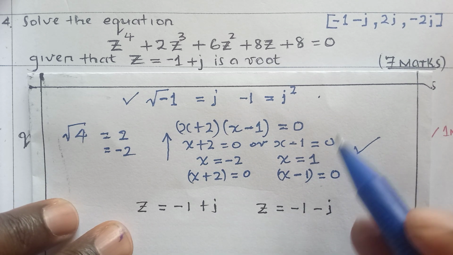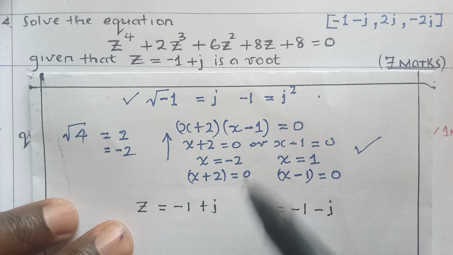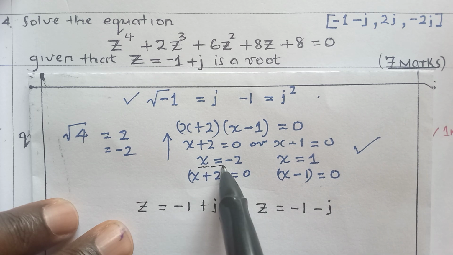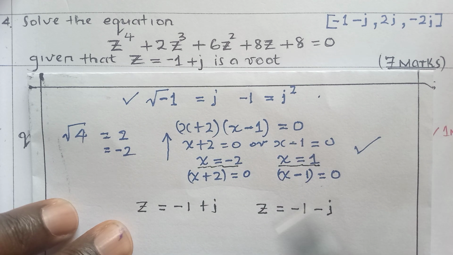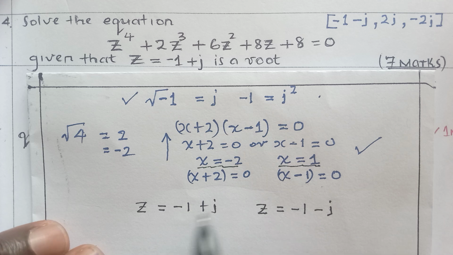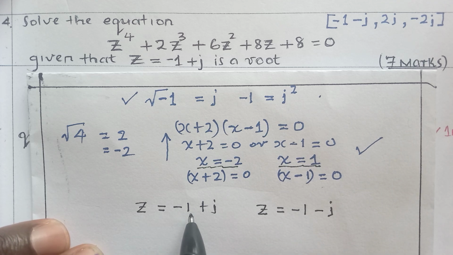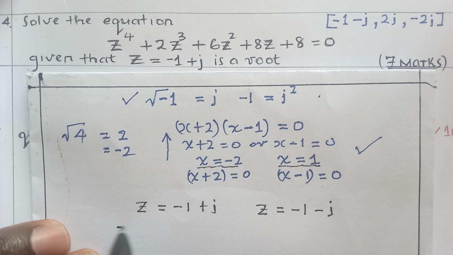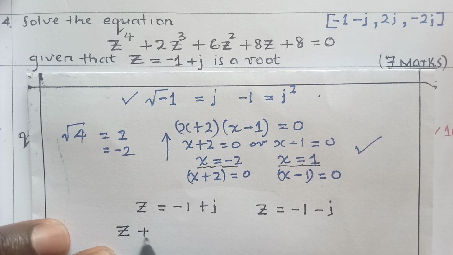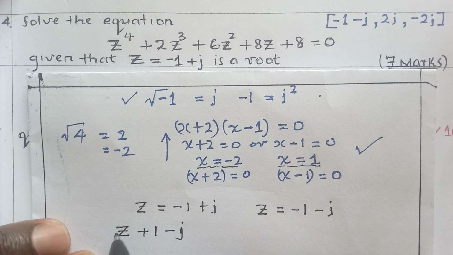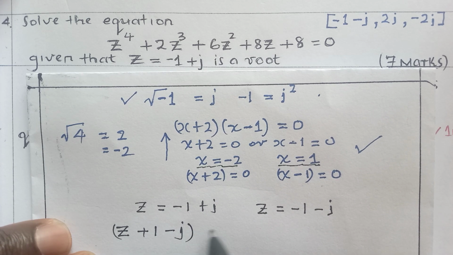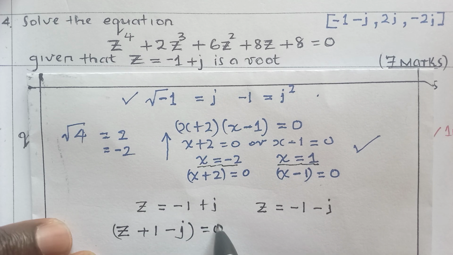Just as we have these roots here, now we have these two roots. To make the factors, you bring them this side. That is z plus 1 minus j, which is a factor, and this one is usually equal to 0.